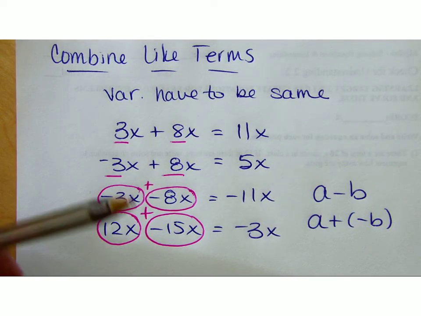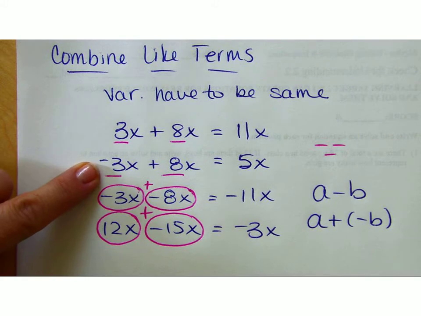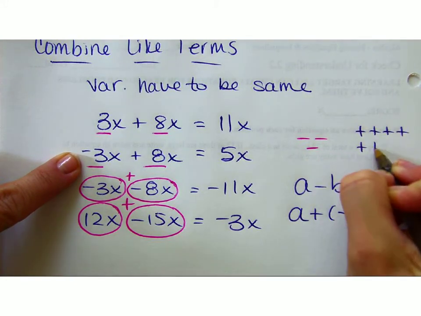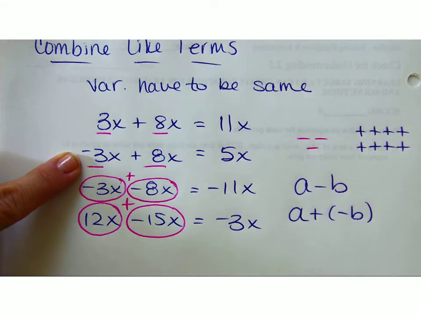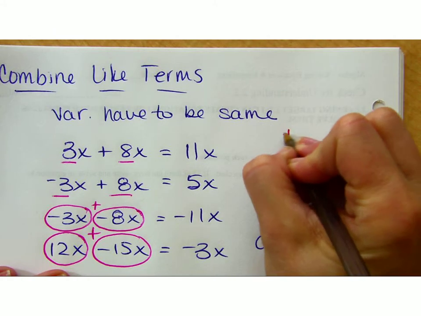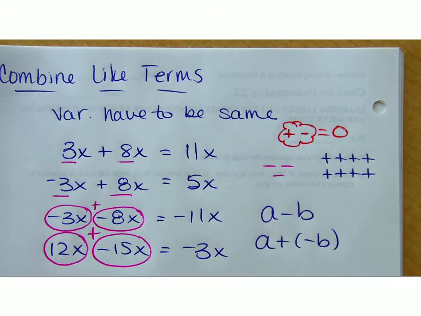Let's look up here. It's kind of like saying I have 3 negatives, and to that I want to add 8 positives. So you know that a zero pair, or a neutral pair, is when you have a positive plus a negative. That equals 0, right? So we all agree that 1 positive and 1 negative equals 0. It's a neutral pair.